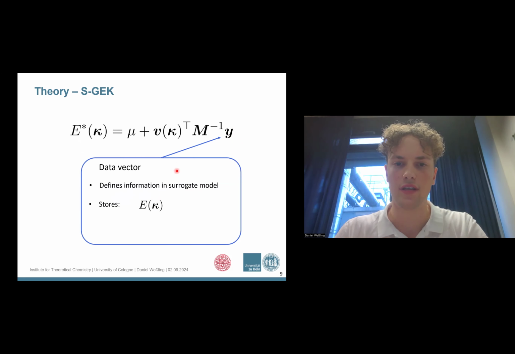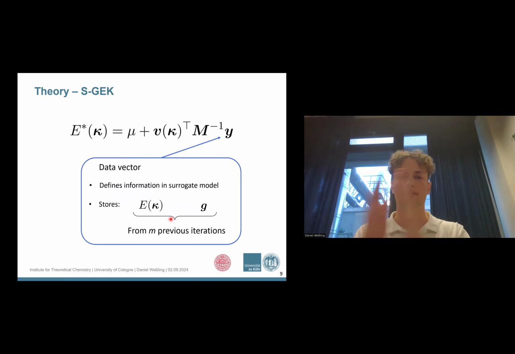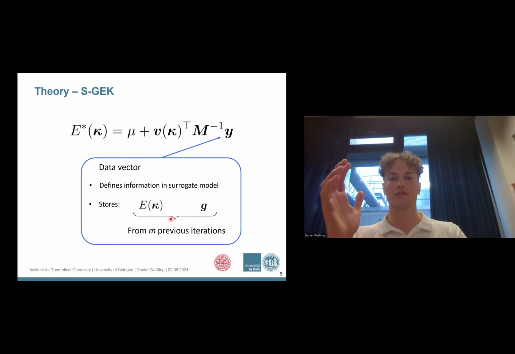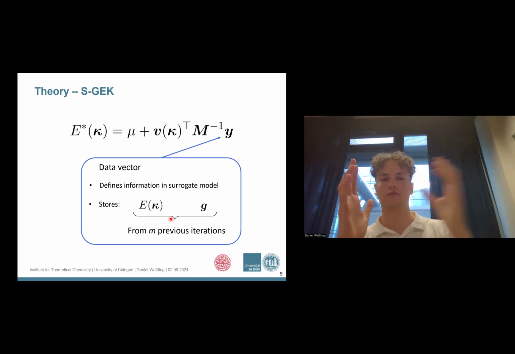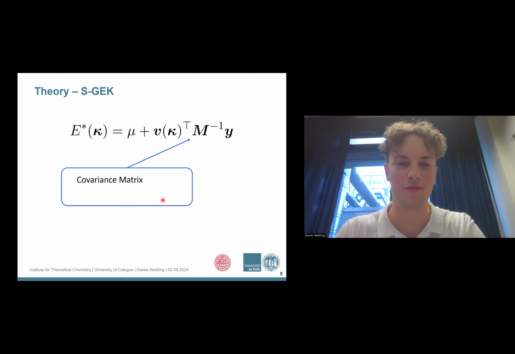So it stores the actual energies with their positions and also with their gradients of the previous m iterations. So during the SCF, we have multiple iterations, and at some point we make this Kriging and use all the iterations from before. At least most of, or some of them.